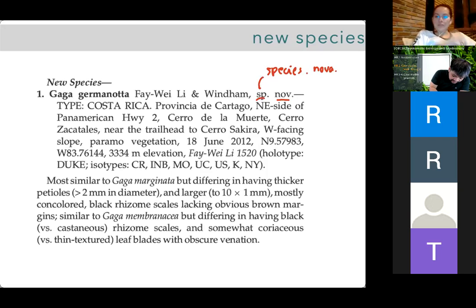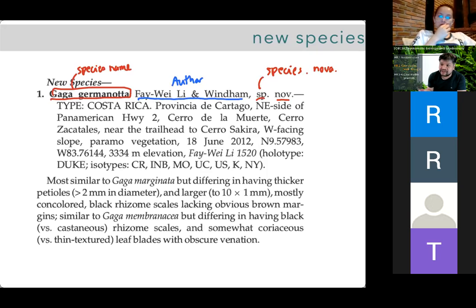So this is a species name here, no problem, right? And this is the author. This name, Gaga germanata, is a completely new species. Nobody ever named that before. It was named by Fairville and Windham. You can have more than one person name it, or a whole group of people.